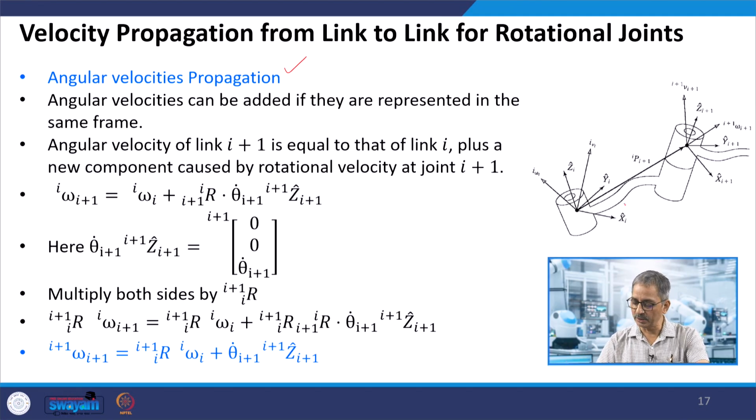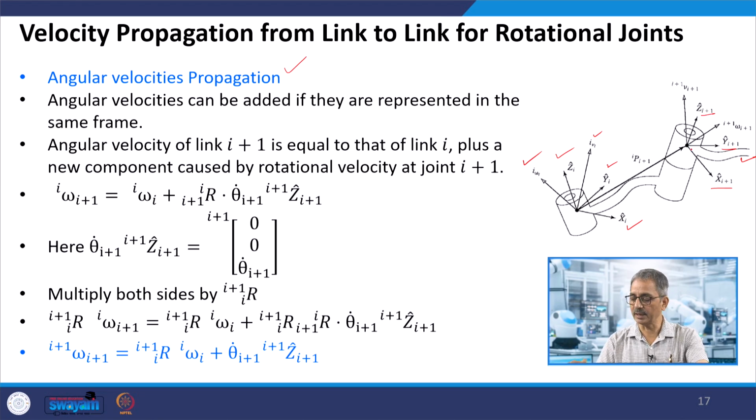Suppose this is my ith link. Here I have attached zi, yi, xi cap, and this link velocity is Vi^i translational velocity, angular velocity omega_i^i, and here is my another link, the I plus 1th link, and at the beginning of that I plus 1th link I attach this frame xi plus 1 cap, yi plus 1 cap, zi plus 1 cap.